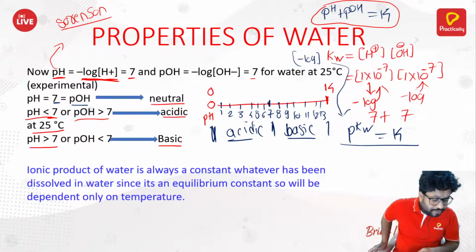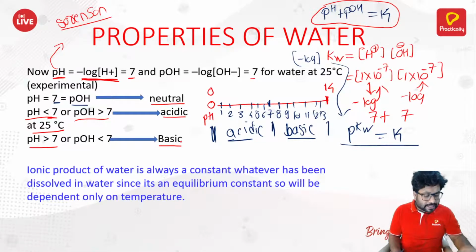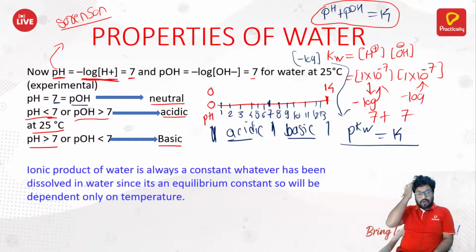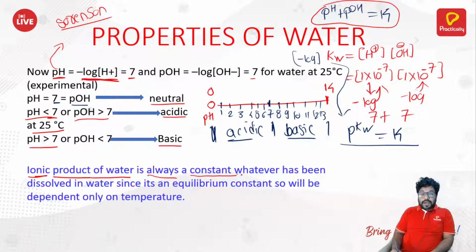So these are pretty much the basic things about the pH and pOH scale. Now one thing I wanted to tell you here, and that is really important, is the ionic product. The ionic product of water is always constant, no matter what you dissolve in water.